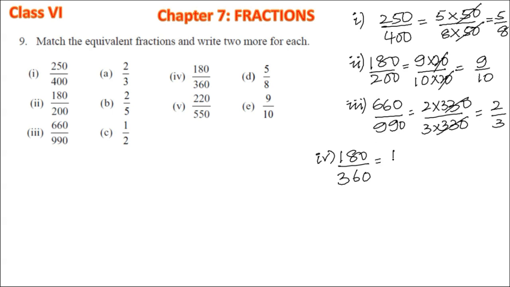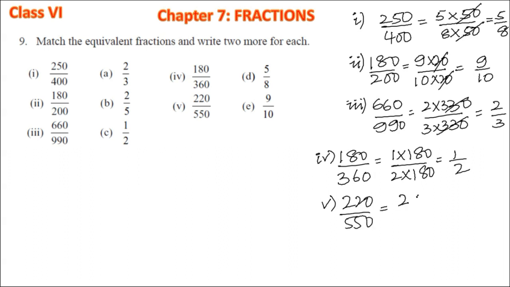This is 1 time 180. This is 2 times 180. This 180 gets cancelled, so we'll be getting 1 by 2. For the fifth, we have 220 upon 550. This can be written as 2 times 110. This can be written as 5 times 110, so we get it as 2 by 5.